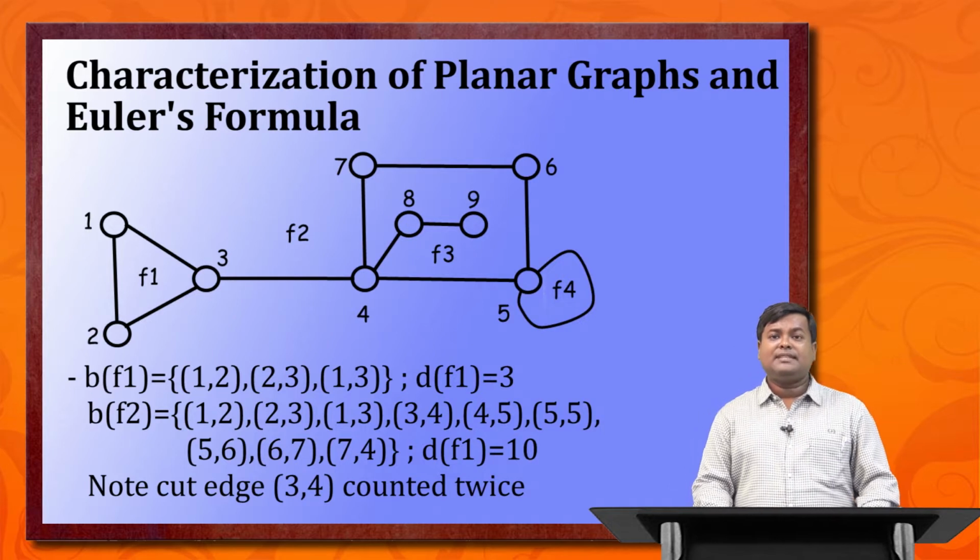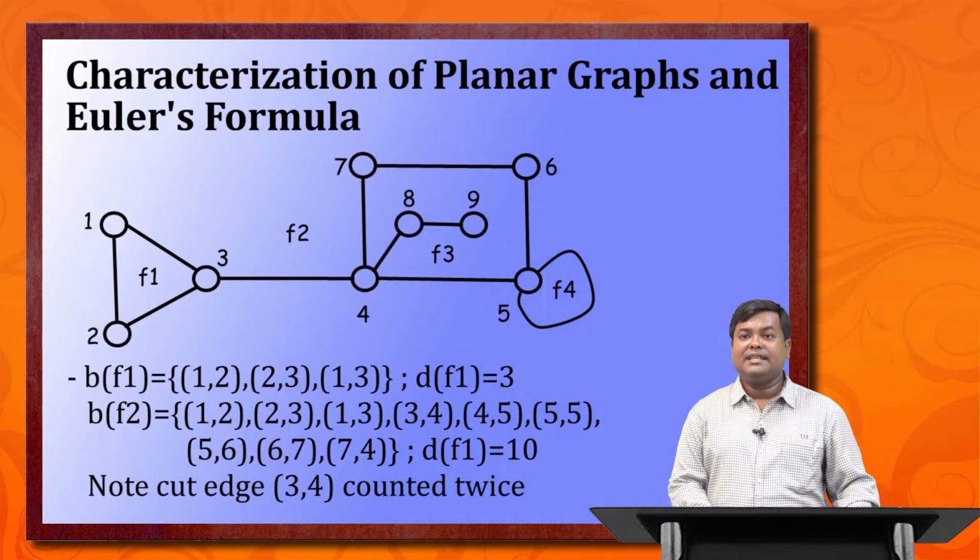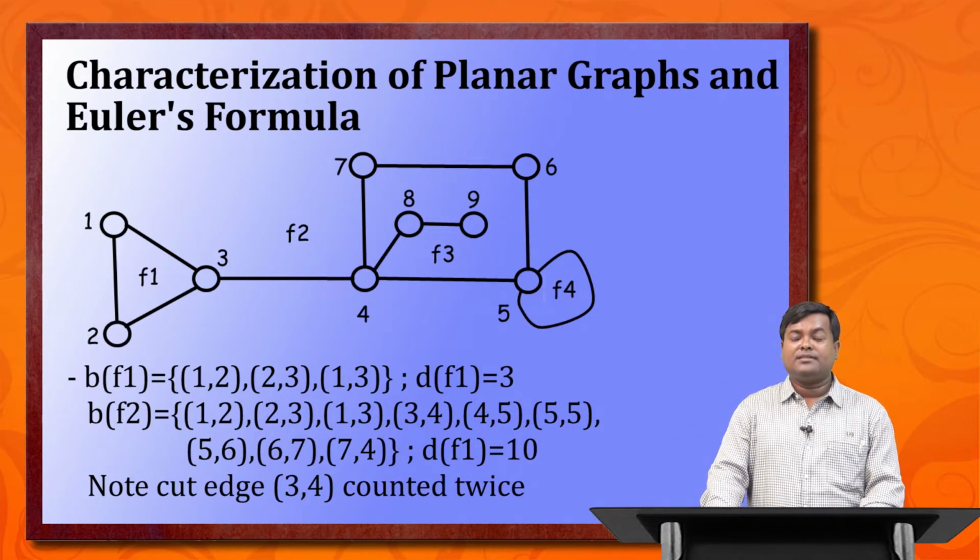If you count these edges, we have 9 edges. But if you look at the degree of F2, it is 10, but the number of edges is 9.